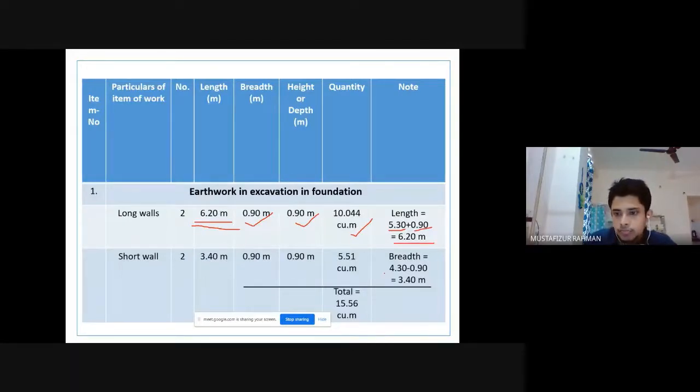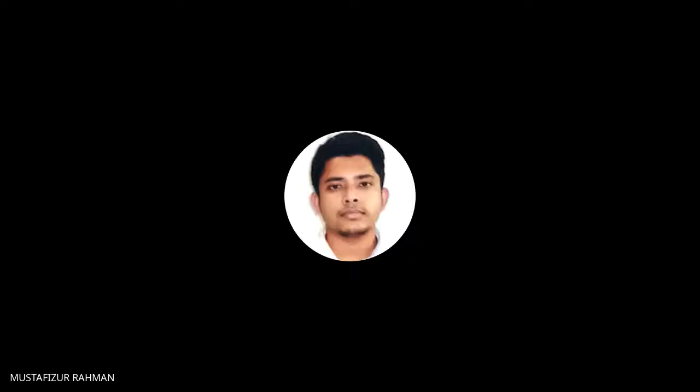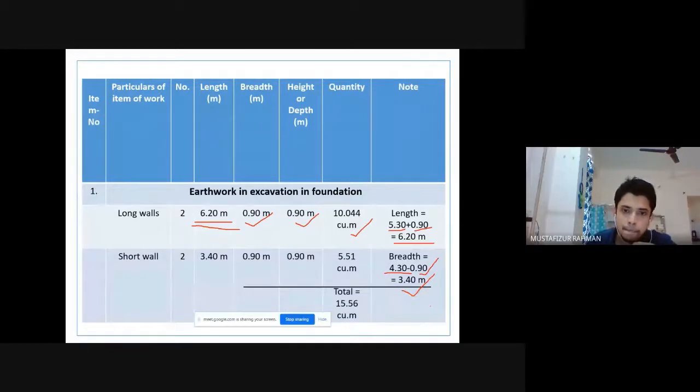Center to center length is 4.3 meter. So we subtract 0.9 meter. Therefore, the length here becomes 3.40. Breadth is the same 0.9. Height is the same as before.